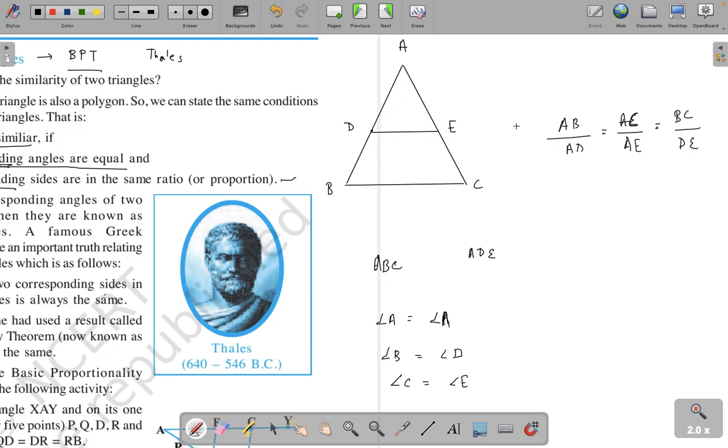So this is for generic, say you can take this line here, you can take this line anywhere.